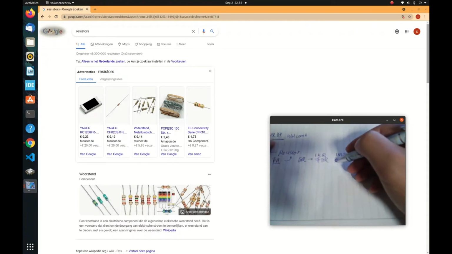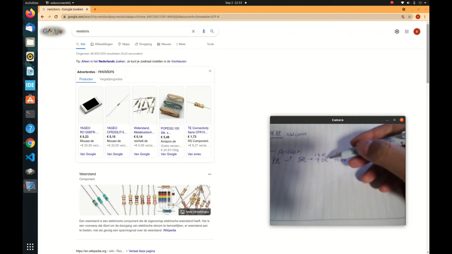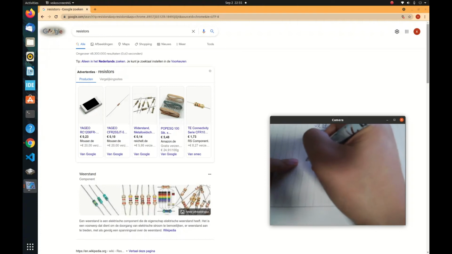It's read as 兆 ohm. Of course writing this one is a little bit more difficult than this one, but if you get used to it, then you can read it a couple of times, and then maybe you will know how to say it, right? So this is the resistor, and what about the capacitors?